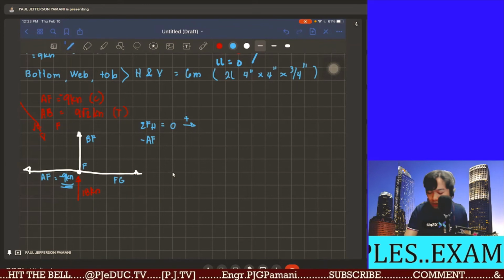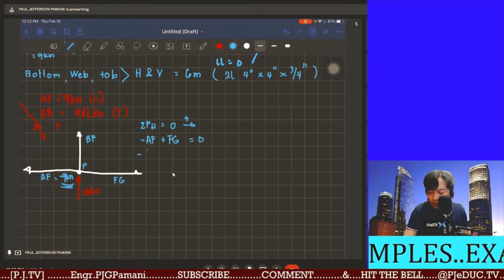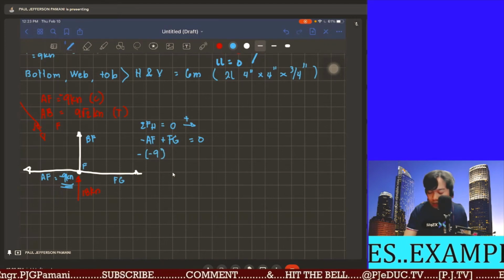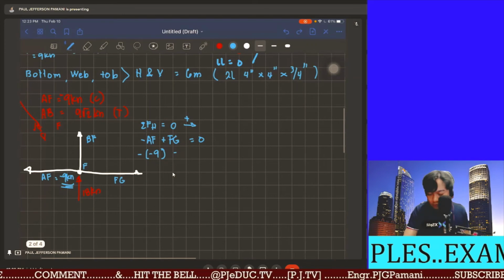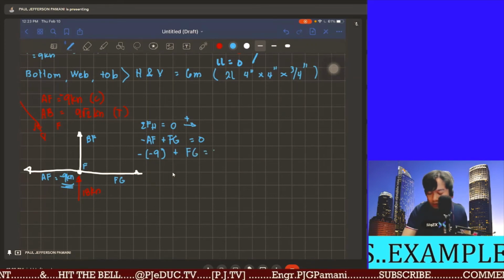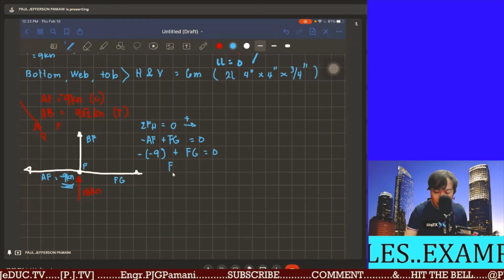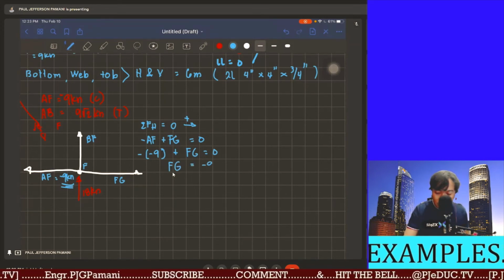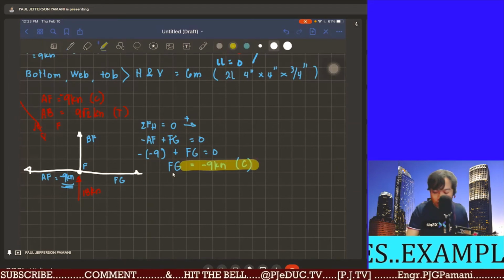Then FG going to the right, positive. Equal to 0. We have identified that AF is negative 9 kilonewton, and FG equal to 0. Negative times negative, positive, transposed to the other side, which is also negative 9 kilonewton, which is still in compression.